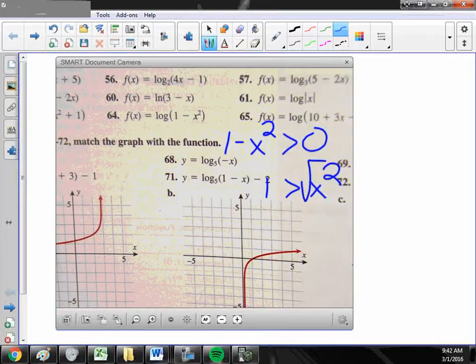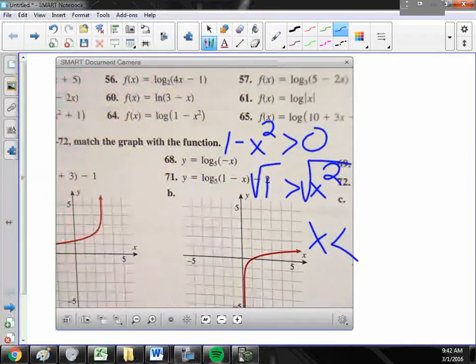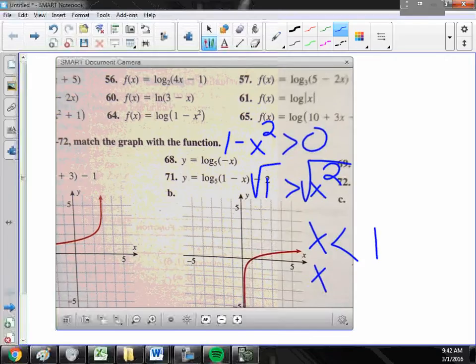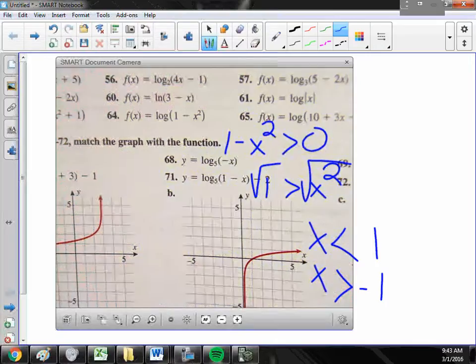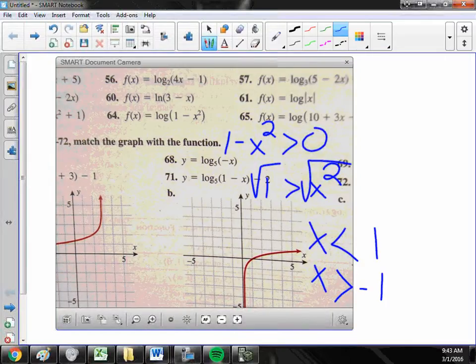And I get x is less than 1, and x is greater than negative 1. So what is the interval that demonstrates less than 1 and greater than negative 1? From negative 1 to 1.